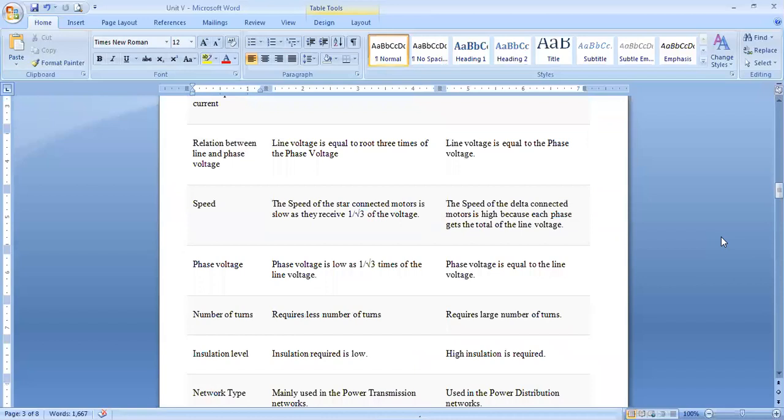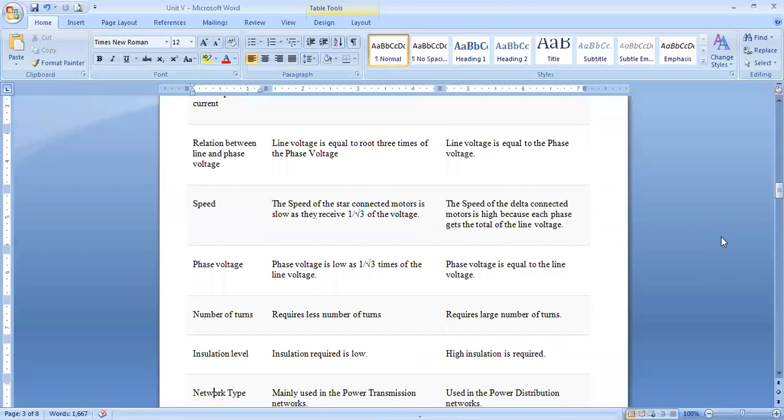Okay. Now the phase voltage. The phase voltage is as low as 1 by root 3 times the line voltage. For the star, Vp is equal to VL by root 3. For the delta, phase voltage is equal to line voltage.